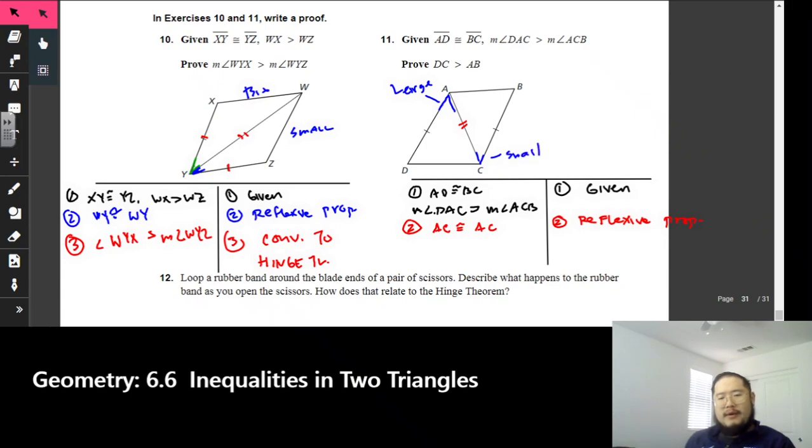So what that tells me right here is that this side, it's opposite of angle DAC right there, which is DC. We can go ahead and justify that DC is greater than AB because of the hinge theorem. Just like that.